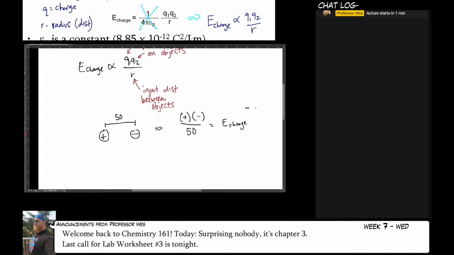Now, if I get a negative number, that represents an attractive force, because my oppositely charged objects will always generate a negative number when multiplied together, right? If I get a positive number, I get repulsion. And that would arise from if I had two positive things or two negative things, because a negative times a negative is a positive, yeah?